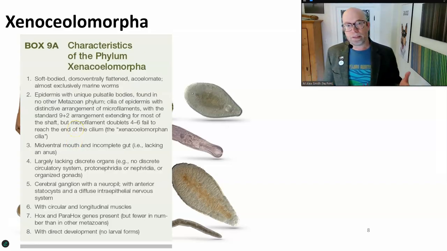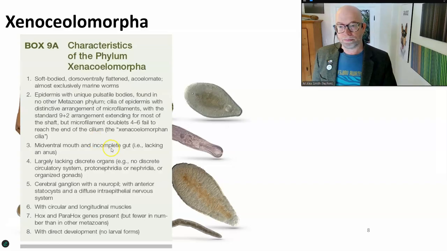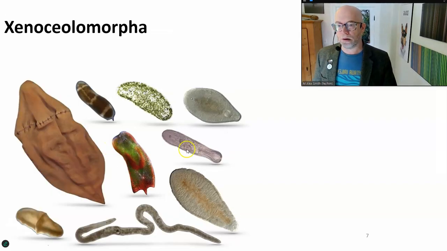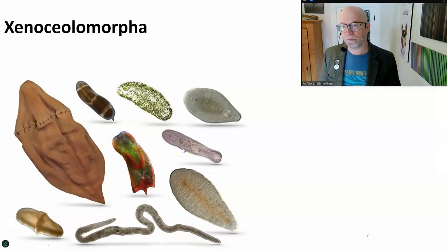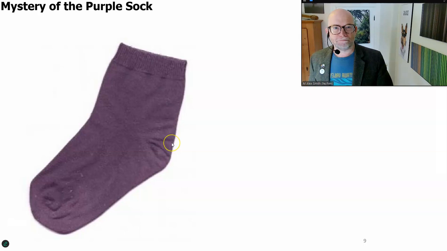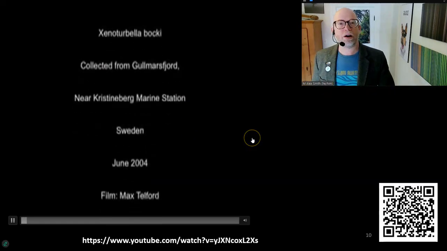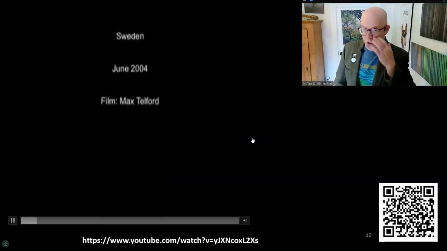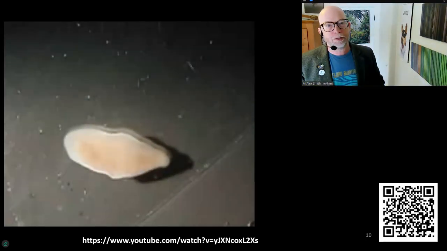And where they sit phylogenetically has been called, you see there's a lot of purple hues here, the mystery of the purple sock. I love that. We're going to talk about the purple sock by showing you a little tiny white 1980s tennis sock. This is Xenacoelomorpha bacchi.